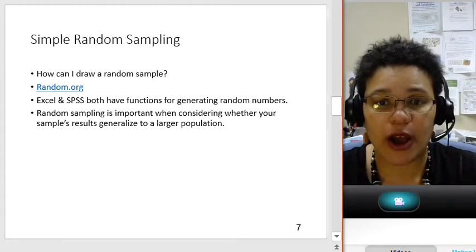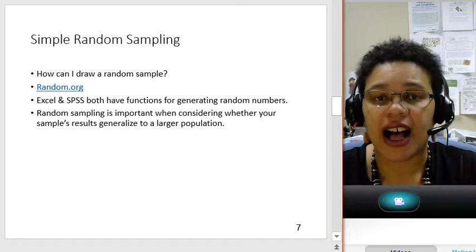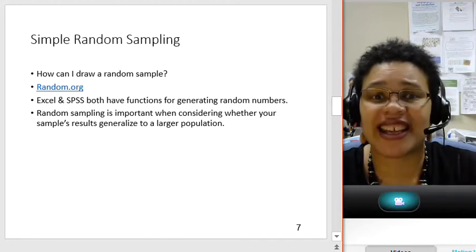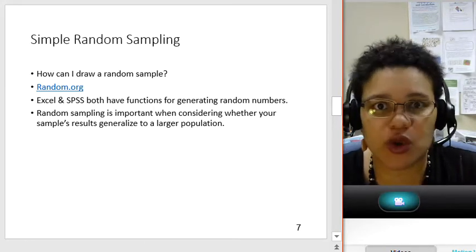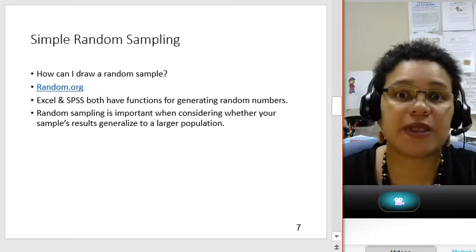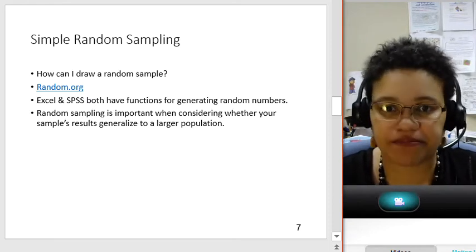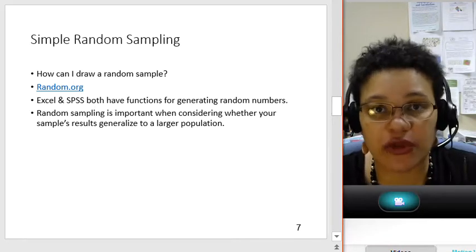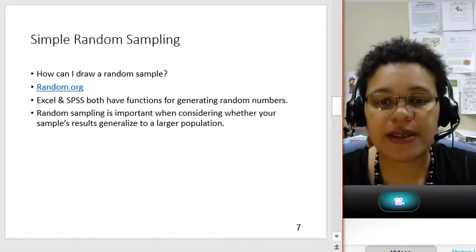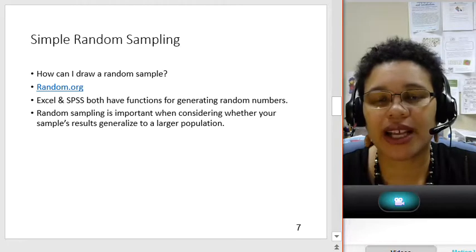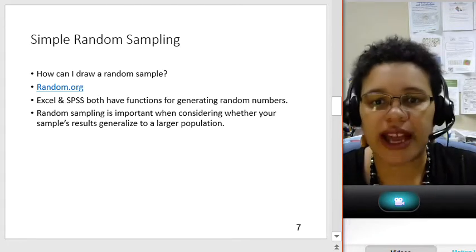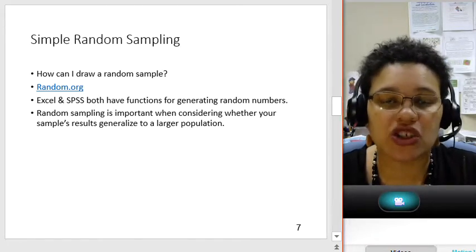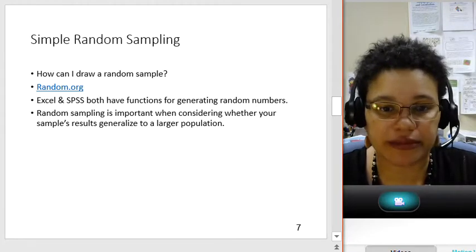Random.org, if you go to that website, they have different ways that you can get lists of random numbers, or names can be sorted in a random way. Excel and SPSS both have functions for generating random numbers, and random sampling is important because you can claim that your sample's results generalize to a larger population.